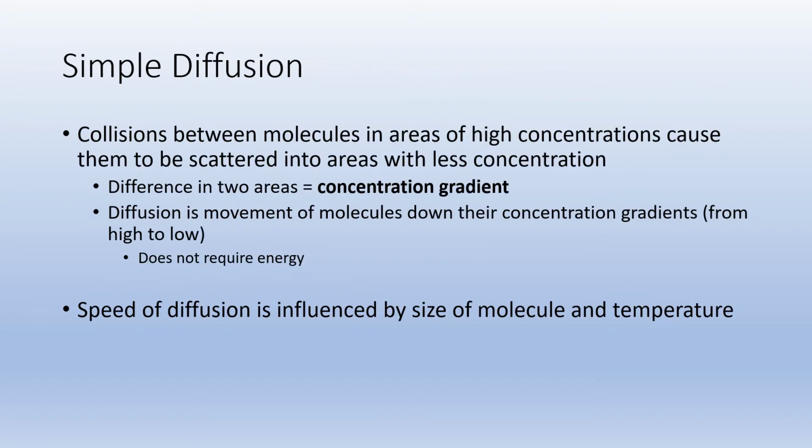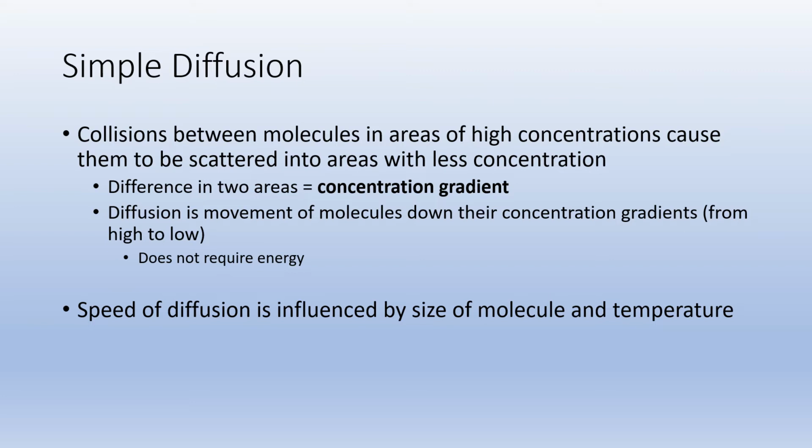Substances will passively diffuse, meaning it doesn't require energy, down its concentration gradient. And this gradient is the difference between the area of high concentration and the area of low concentration. Substances will readily diffuse from an area of high concentration to an area of less concentration. And again, that does not require ATP.